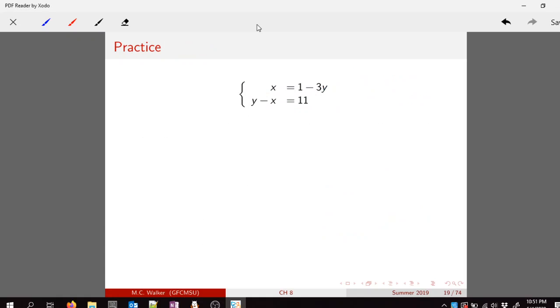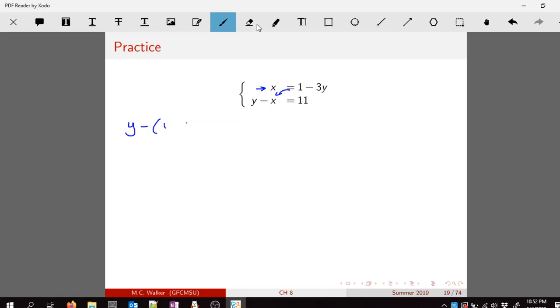Next, let's solve this. This top equation has x is equal to, so we're going to substitute that 1 minus 3y into the second equation. We want to be careful here because when we substitute, we're going to do that in parentheses. We get y minus the quantity 1 minus 3y is equal to 11, and this becomes y minus 1 plus 3y after we distribute.